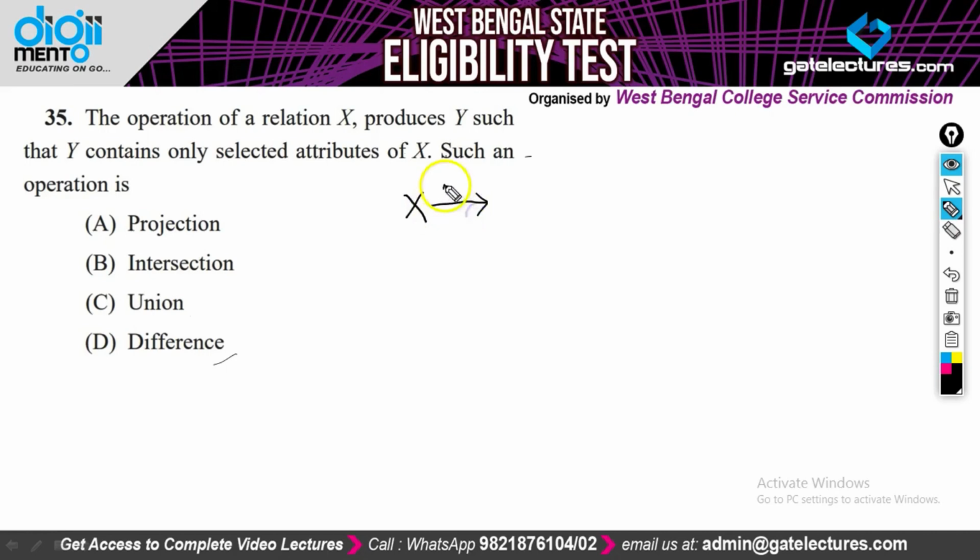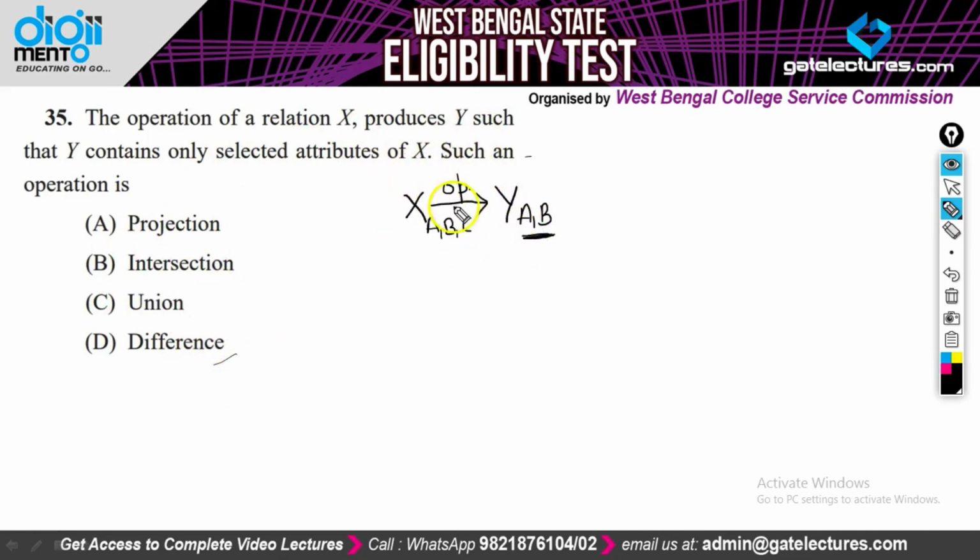After applying some operation on it, we get Y, and Y has only selected attributes. Like, suppose previously it had ABC and now it has only AB. So out of all these options, which operation could lead to this kind of output?